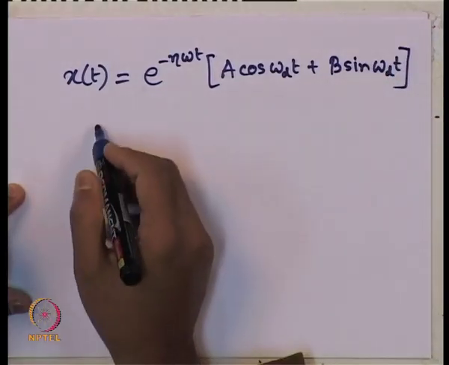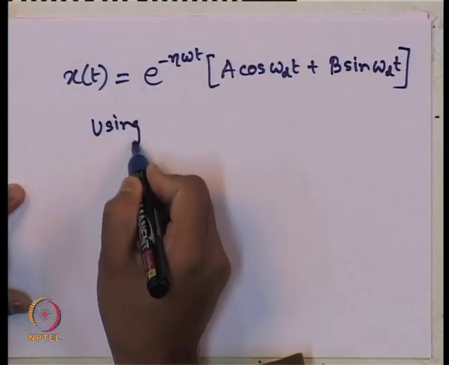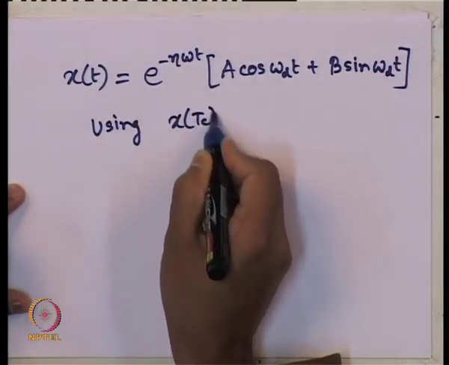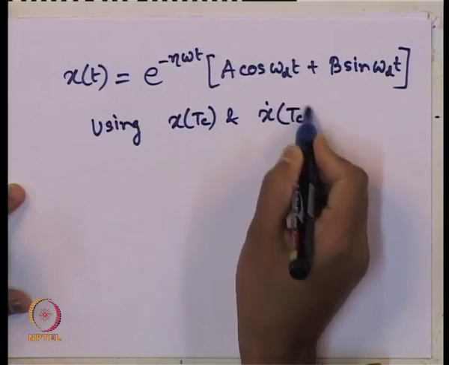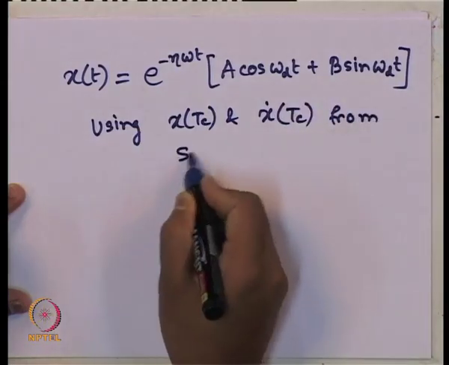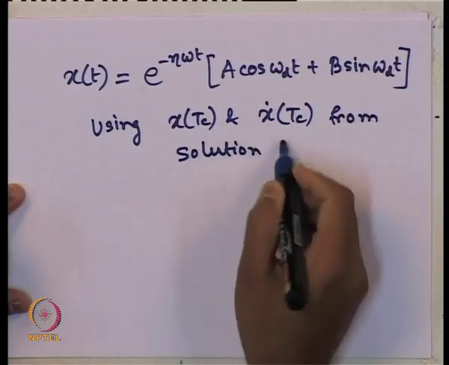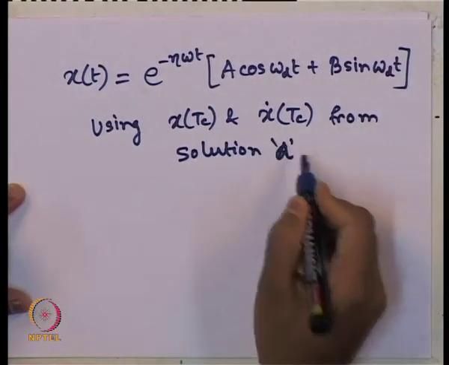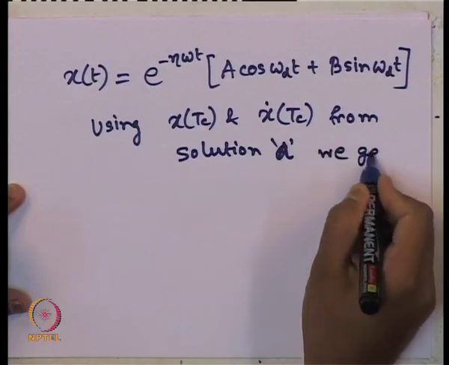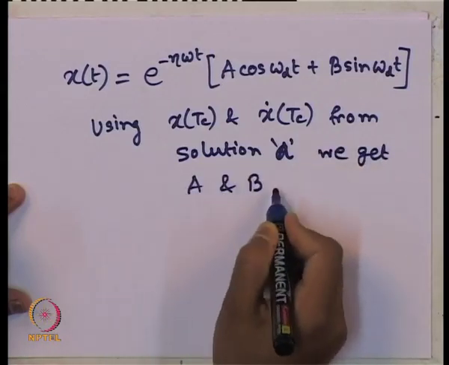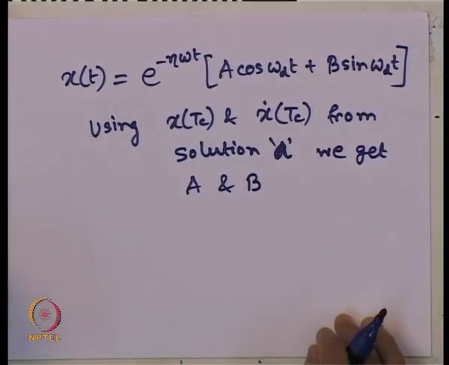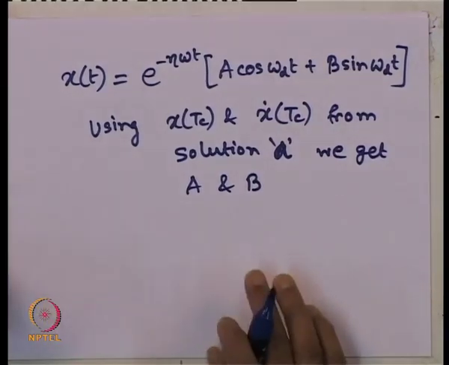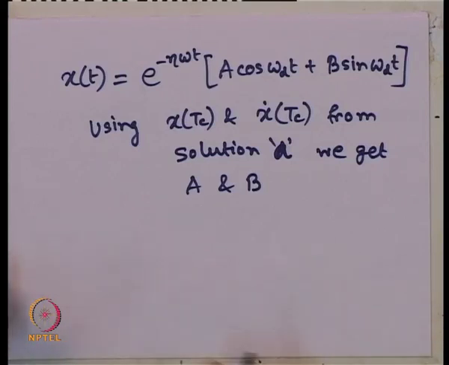Now, we can easily get A and B using the initial conditions of x of T c and x dot of T c from solution A. So, that finally gives us the total solution. Numerically or analytically we can compute easily by putting these values here. So, the analytical complete solution is available to us.